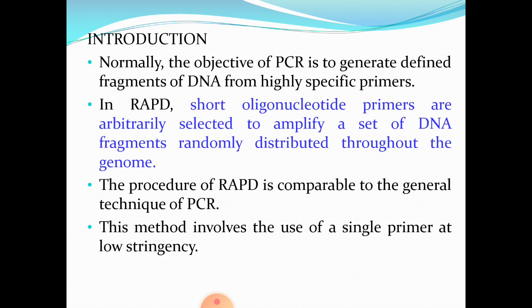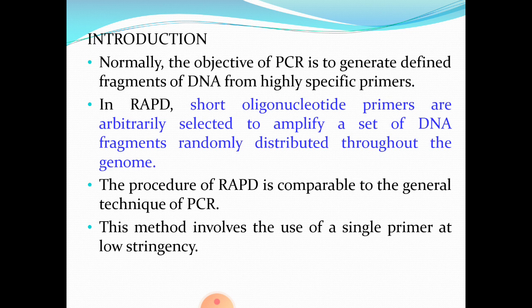Now, normally in PCR, what I have taught you in my previous lectures, the main objective is to generate defined fragments of DNA from highly specific primers. That's what we did in PCR. But what are we going to do in RAPD?